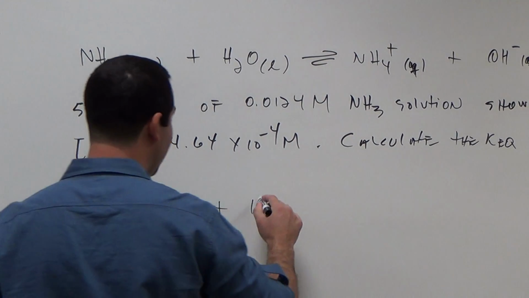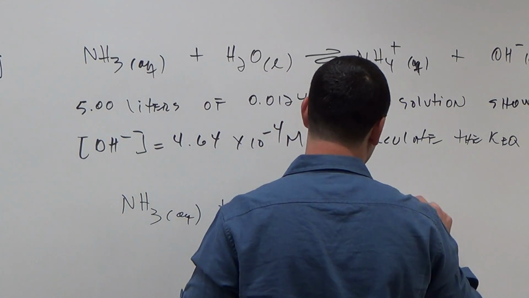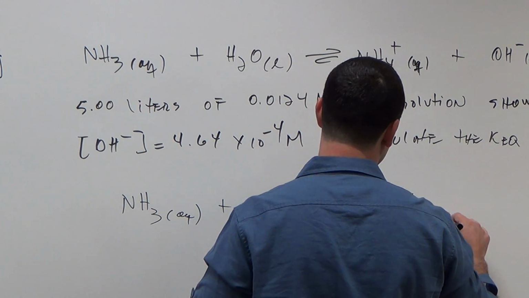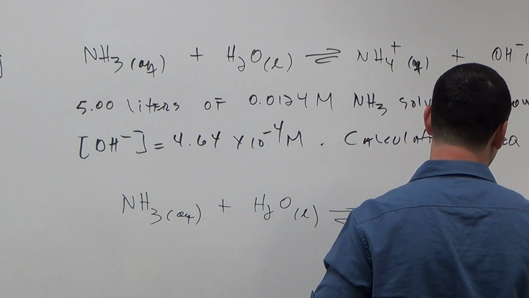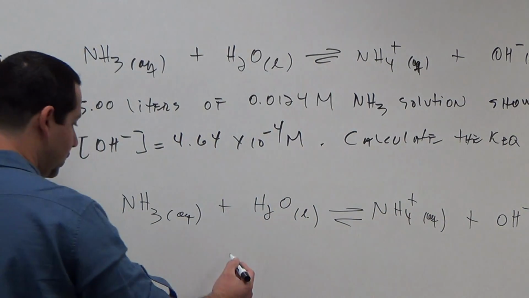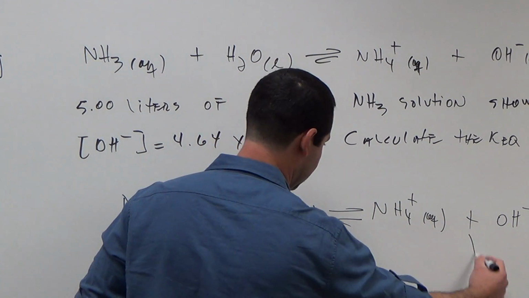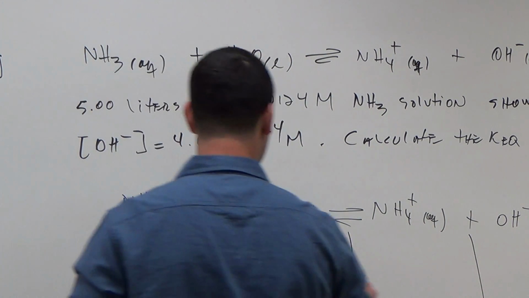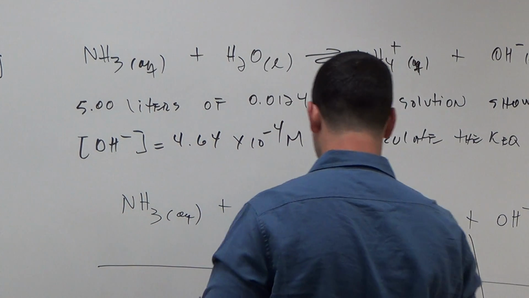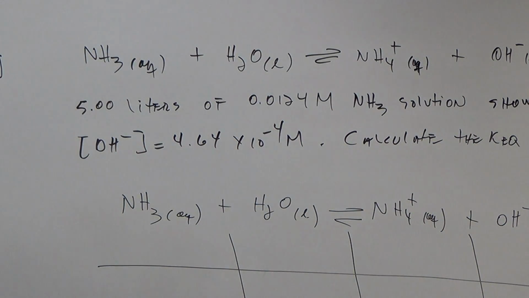You are going to rewrite, and an ICE chart is a table showing you concentrations of reactants and products. So an ICE chart is going to look like a table. And that table will be divided into three columns, or rows, whatever, okay?